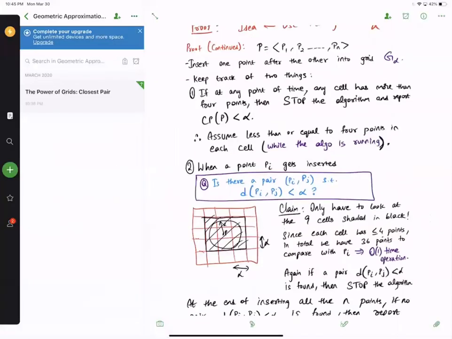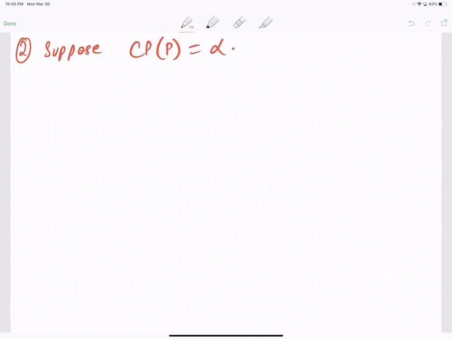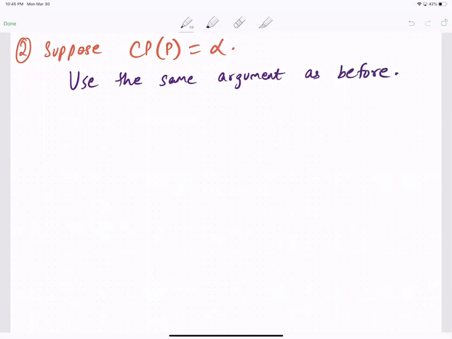Okay, so let's go to the other cases now. Well, suppose the closest pair of points is equal to alpha. So again, you can use the same argument as before. I won't repeat it, use the same argument as before. Now the final case is Cp of P is actually greater than alpha. Well, this comes for free.